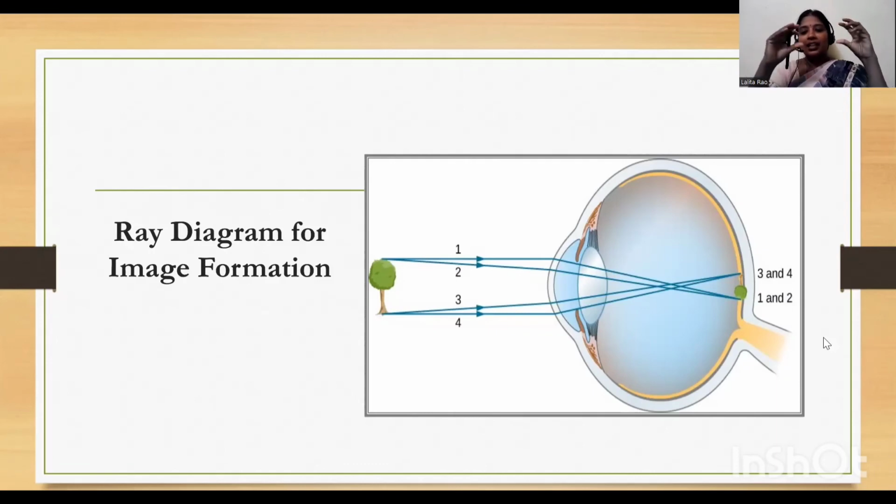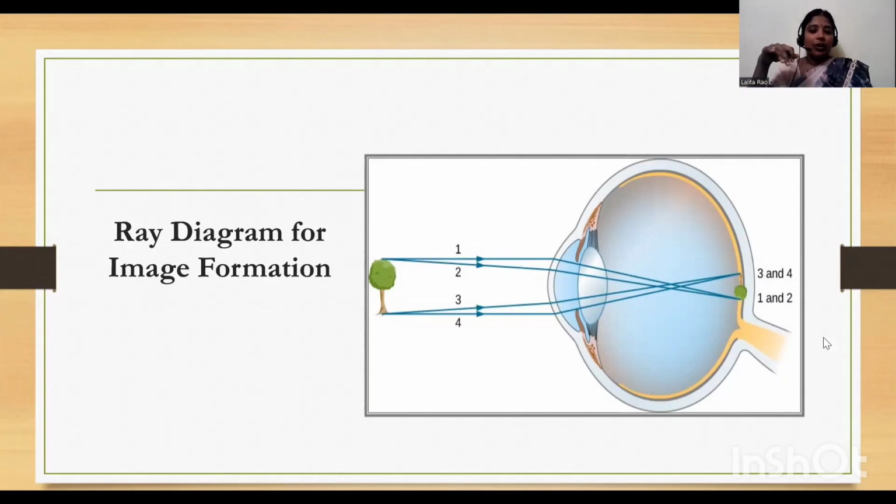Okay, and then these converged rays pass through the jelly-like fluid which is known as vitreous humor, and from there they go and meet on the retina. This retina acts as a screen where we have rod-shaped cells and cone-shaped cells which respond to the color and intensity of the light, and they form the real and inverted image.